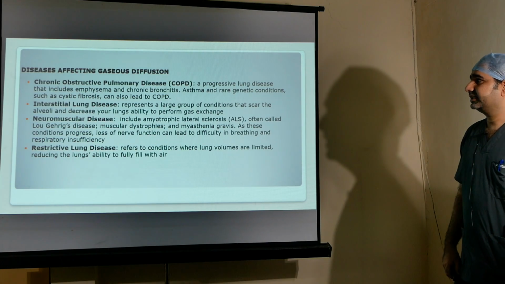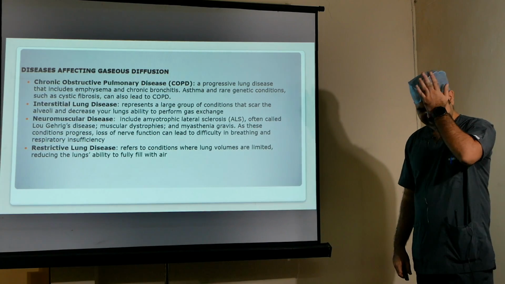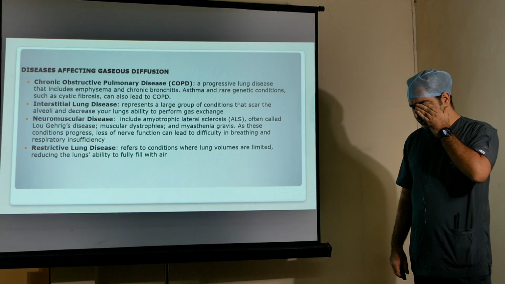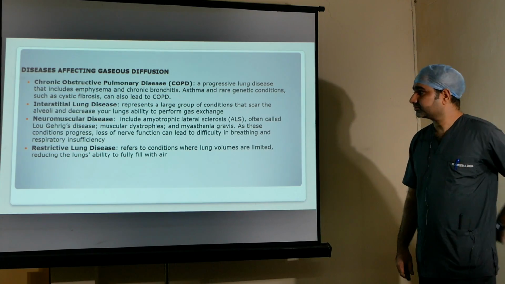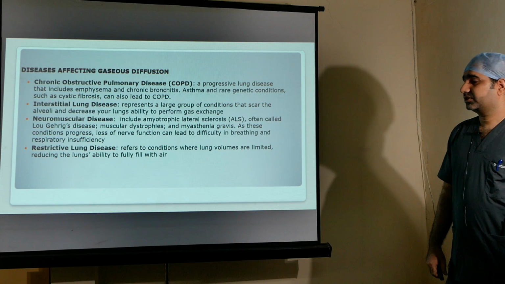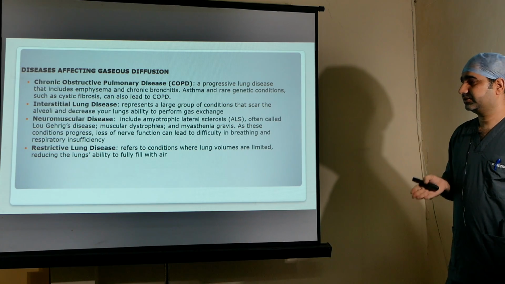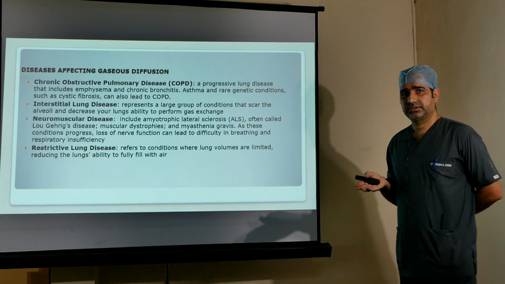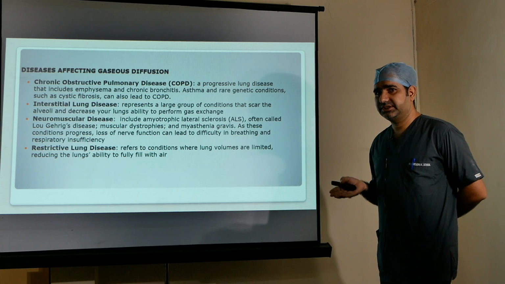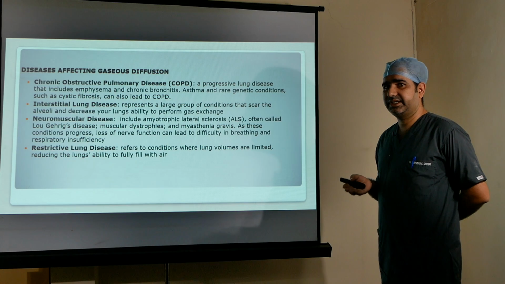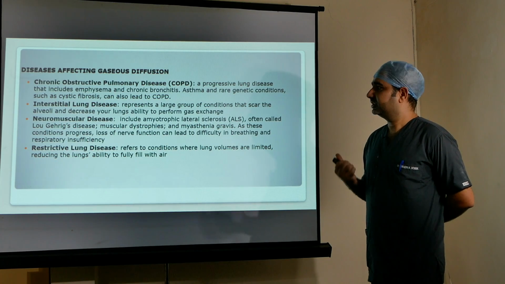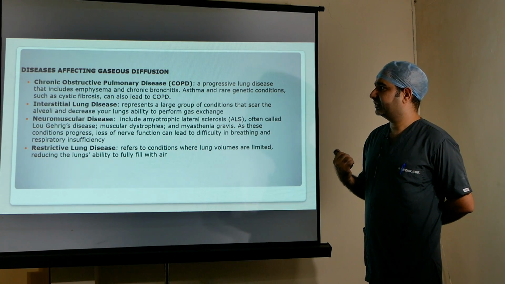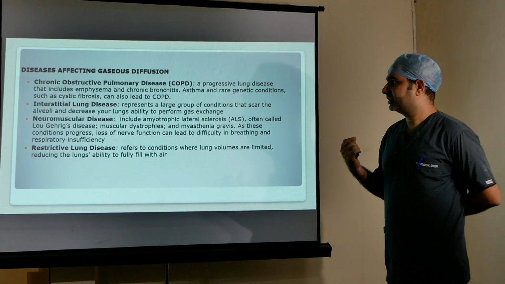Now diseases affecting gaseous diffusion. We see that the diffusion of oxygen, carbon dioxide or any other gases from the alveoli to the pulmonary capillaries depends on the surface area and the solubility in the blood. So what are the diseases affecting these portions of the alveolar capillary membrane?